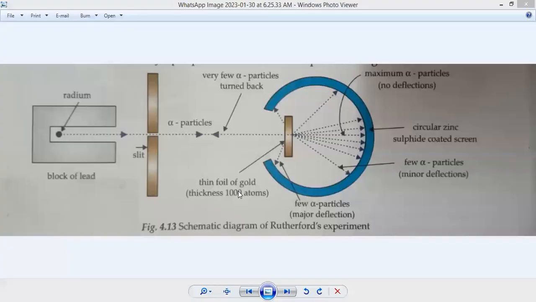Now, this is the experimental setup done by Ernest Rutherford to study the properties of an atom, or to study the structure of an atom. Observe very carefully here. To know the internal structure of an atom, you can keep a name: alpha rays scattering experiment.